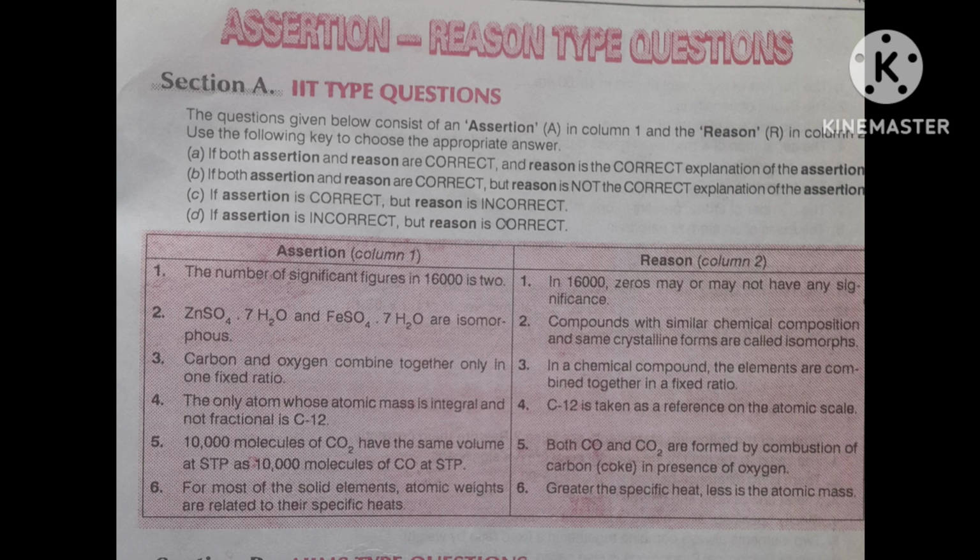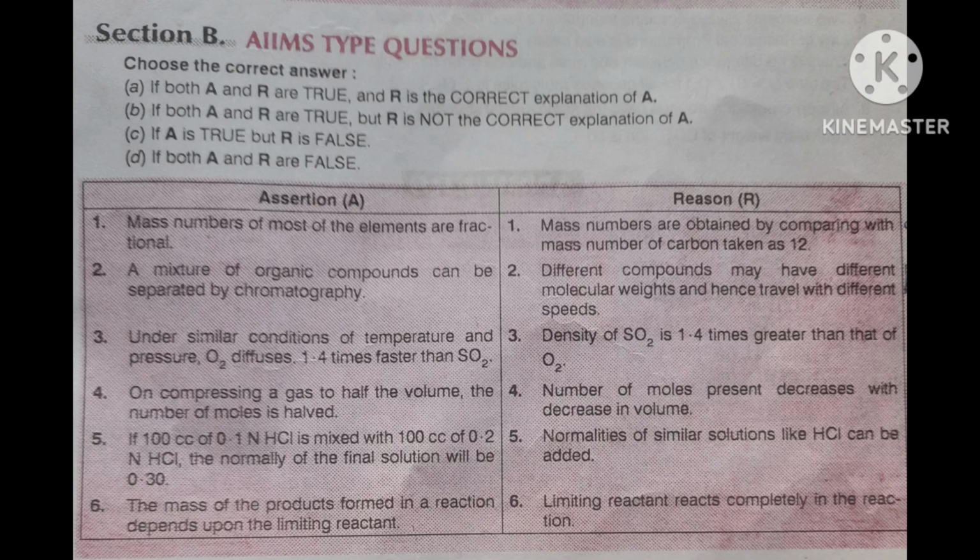Because by Dulong and Petit's law, approximate atomic weight is equal to 6.4 divided by the specific heat. If the specific heat is more, the atomic weight will be less. Hence, greater the specific heat, less is the atomic mass. I have discussed 6 questions. This is an IIT type question.